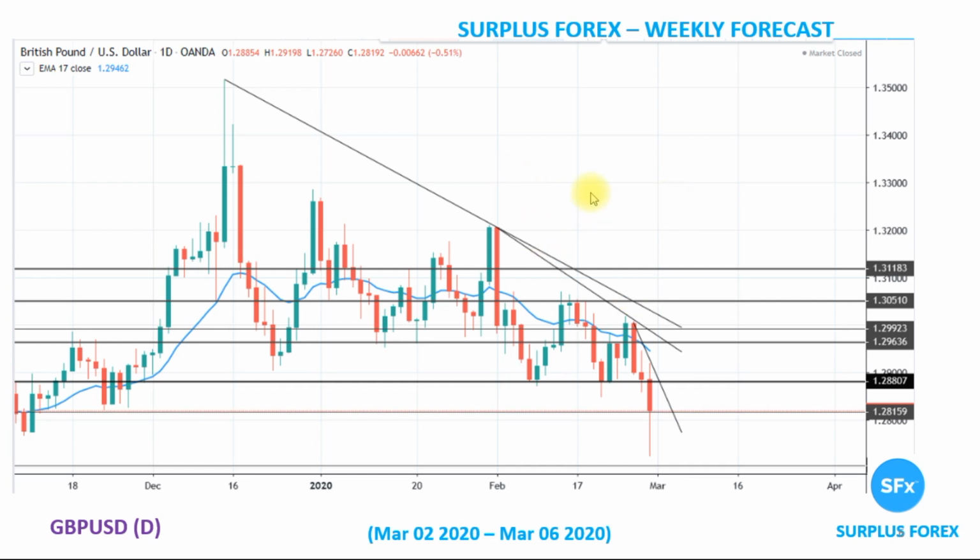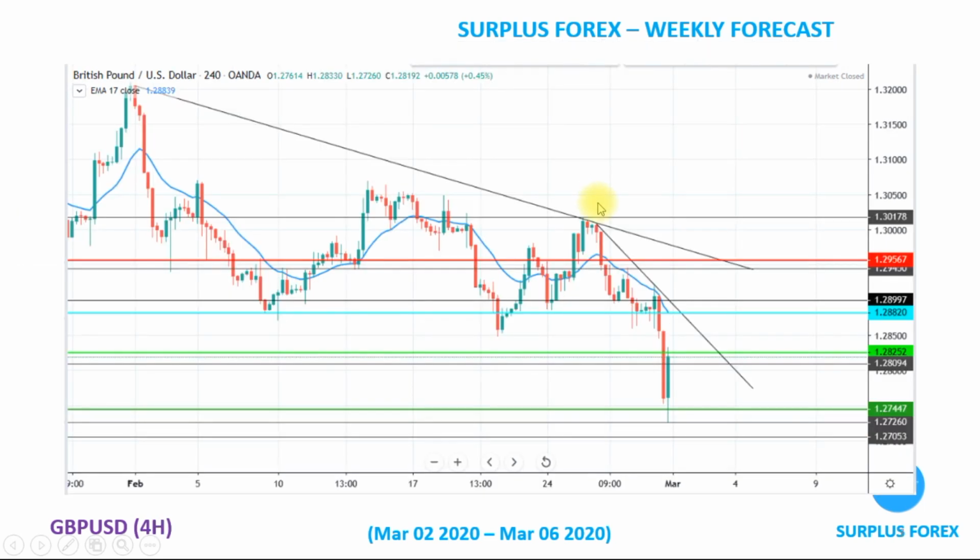Let's see on a 4-hour chart. On a 4-hour chart, I'm keeping my entry point as it's being bearish. I'm going bearish on this. I'm keeping my entry point right below 1.29, 1.2899, of the previous resistance and support.